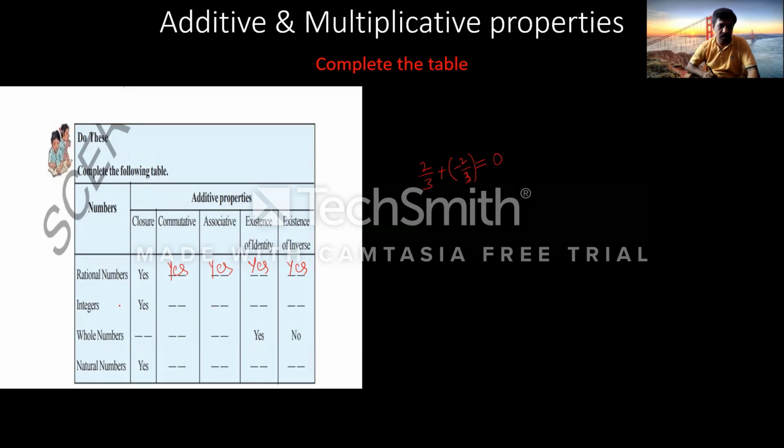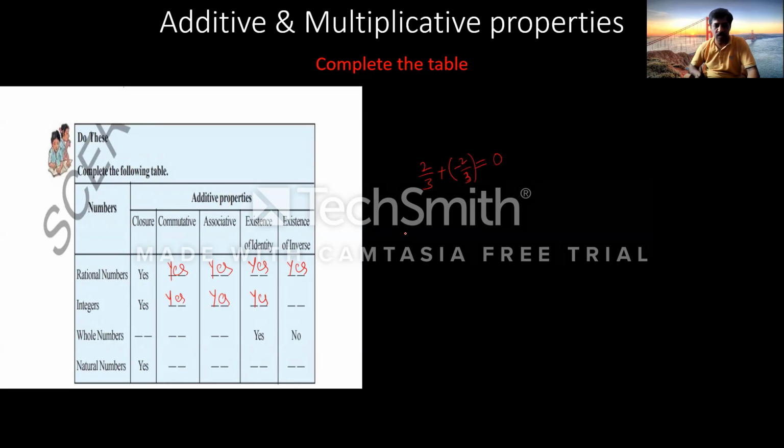Now, next, integers. Do integers satisfy commutative property? Yes. Do they satisfy associative? Yes. Now, existence of identity. Additive identity 0 exists in integers. So we should write yes. Now existence of inverse.